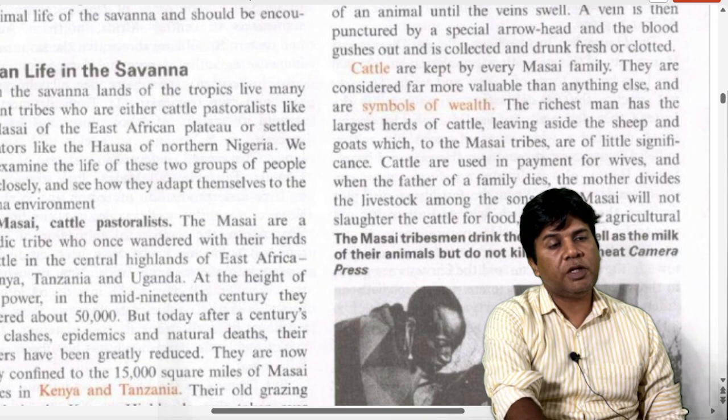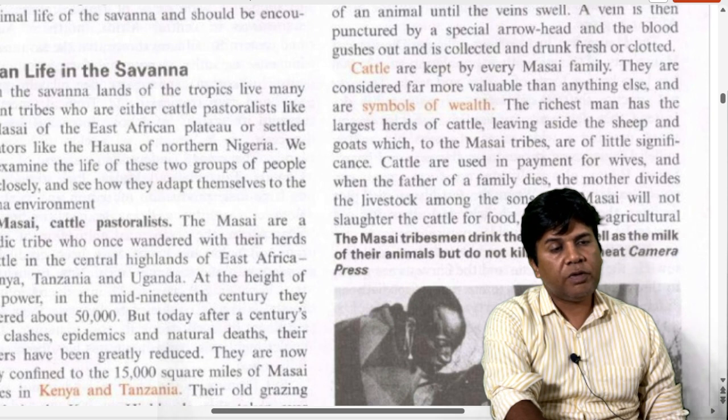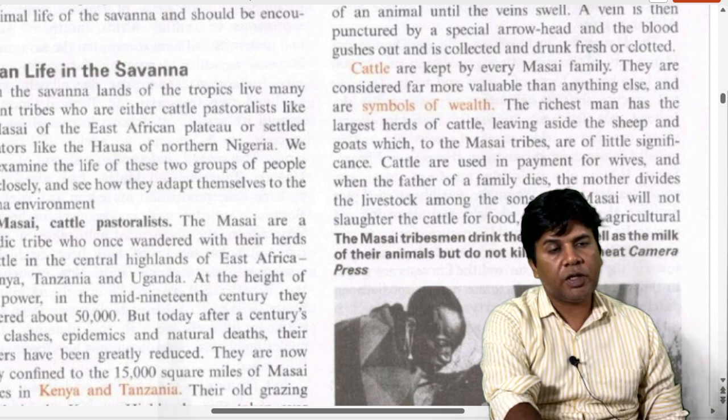Like we have already talked about when we were discussing the equatorial hot and wet type of climate, these forests are so dense that most of the people are engaged in either hunting or food gathering, because other activities cannot be carried out here.